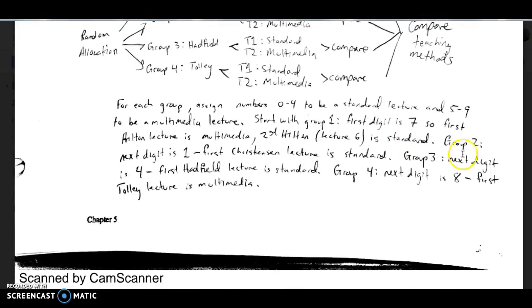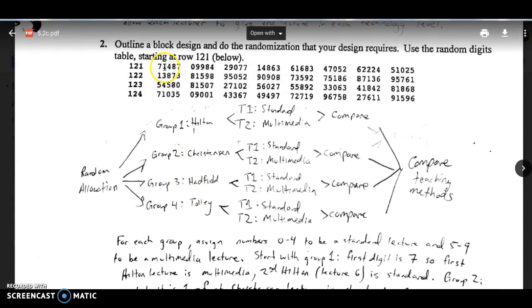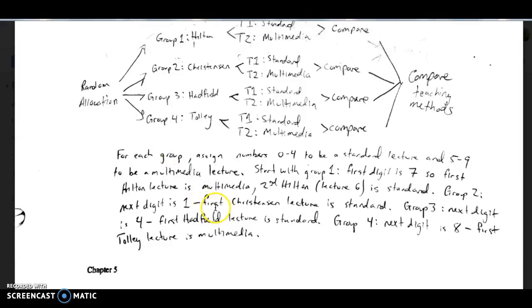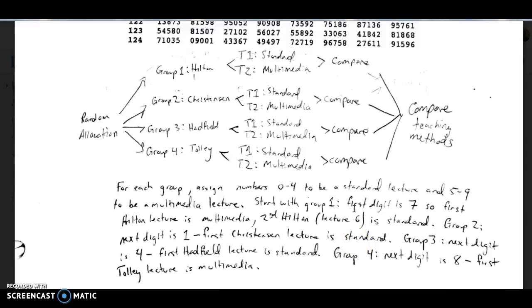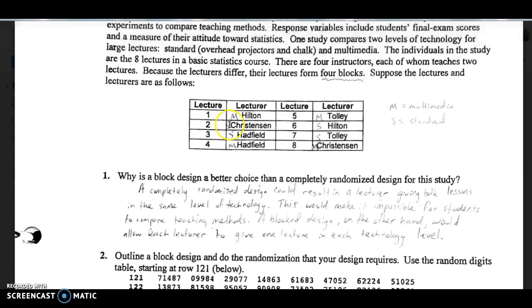Then going back for group 2, the next digit in the table was 1. You can see the next digit here is 1. And so to me, that tells me that my first Christensen lecture is a standard lecture. So I went up to the table. The first Christensen is lecture 2. That's going to be a standard lesson. The second Christensen lecture is lecture 8, and that's going to be the multimedia one for Christensen.